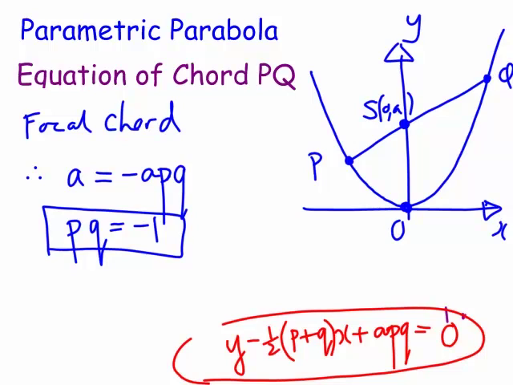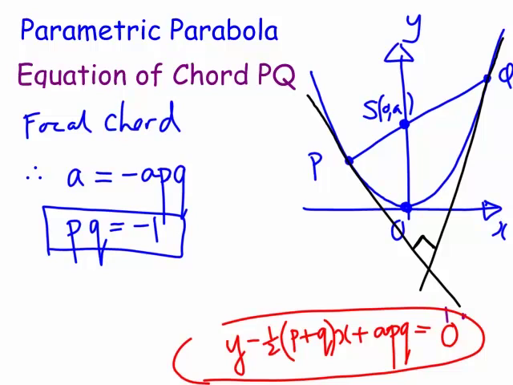Now what does that mean? What is p? At P, you might remember, p was the slope of the tangent, and at Q we had q. Now this is obviously not to scale, because if p times q is negative 1, this should be a right angle in here.